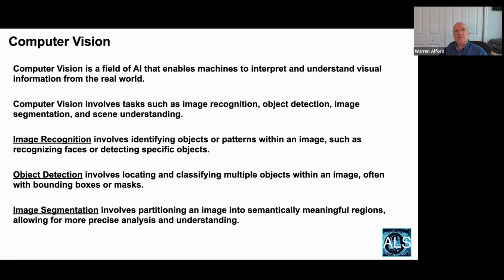And then we have image segmentation, which takes an overall larger image and breaks it down into smaller pieces. An example of this would be geolocations, geospatial imaging, maps, and things like that.